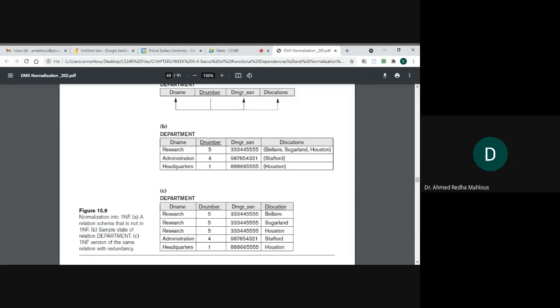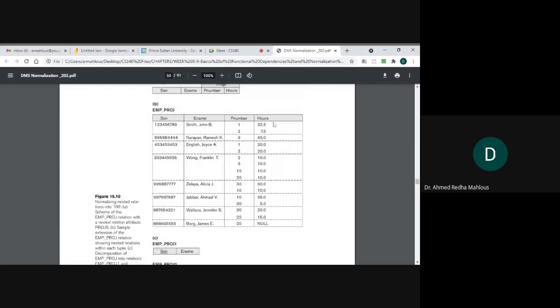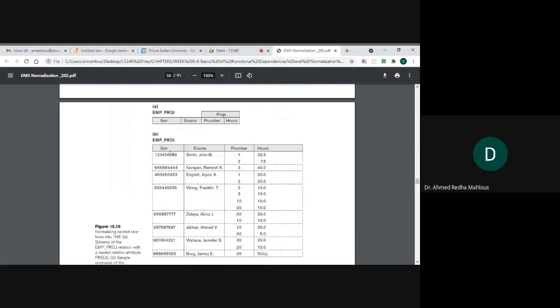Okay, Shabab? So when we talk about this, this is what we mean by nested. This is another example, employee project. Because of the number of hours, I have many project numbers, and for each project number, I have a different number of hours that an employee has worked.